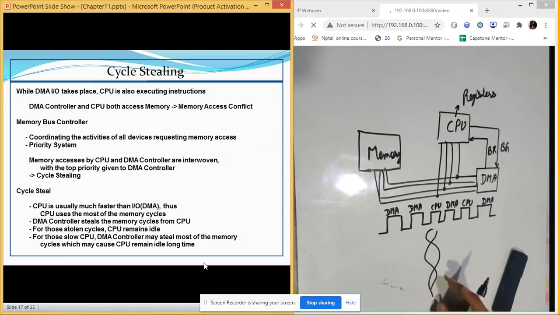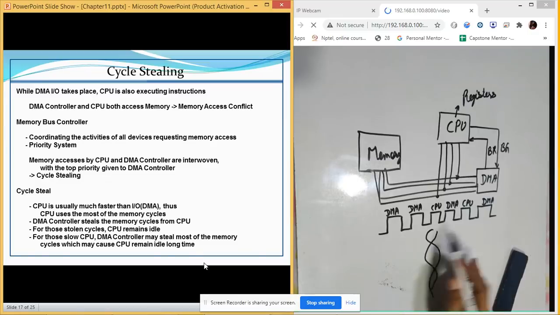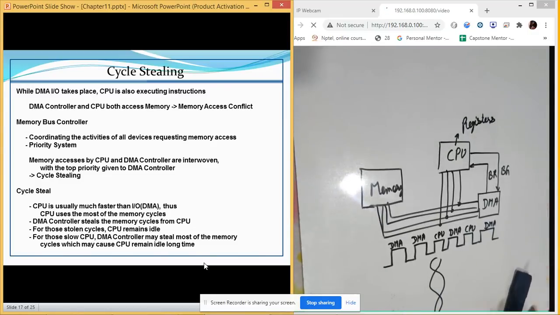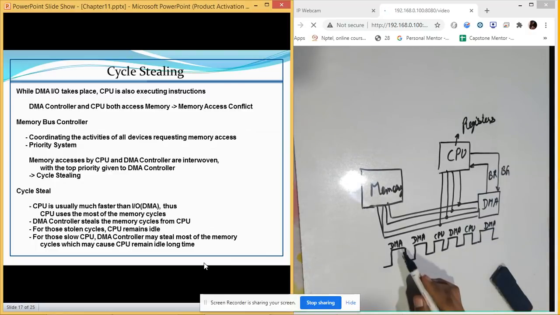Interwoven is something like this. If one cycle is used by one, then the second cycle can be used by the other one. So that is an interwoven structure. Now there is this concept of stealing cycles: the CPU was using the memory, and now DMA has stolen some of its cycles.